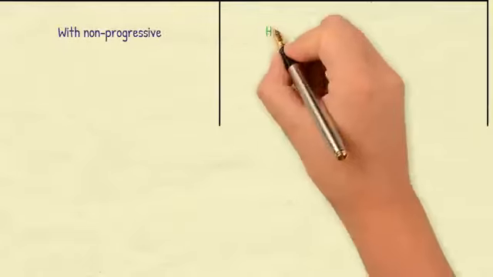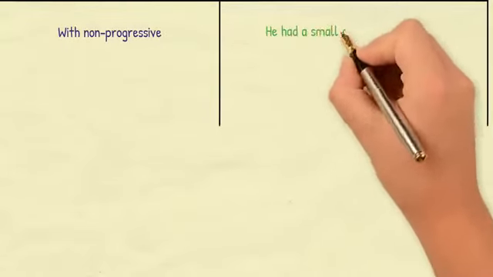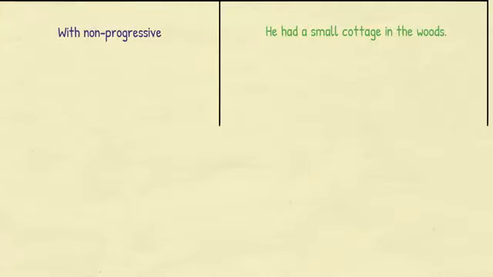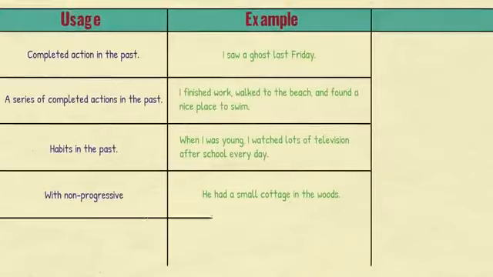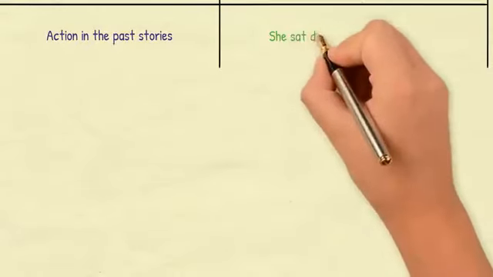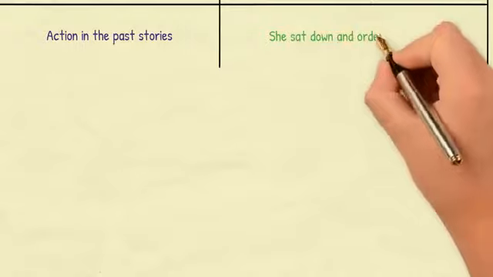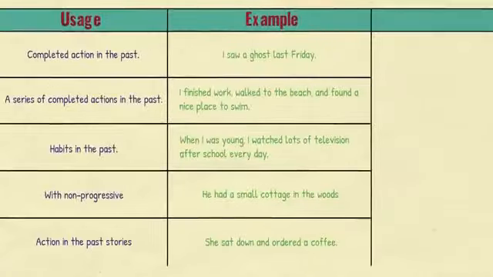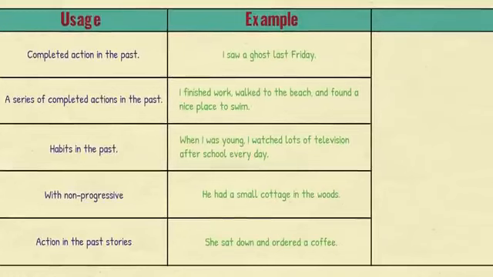With non-progressive: he had a small cottage in the woods. Action in the past stories: she sat down and ordered a coffee.